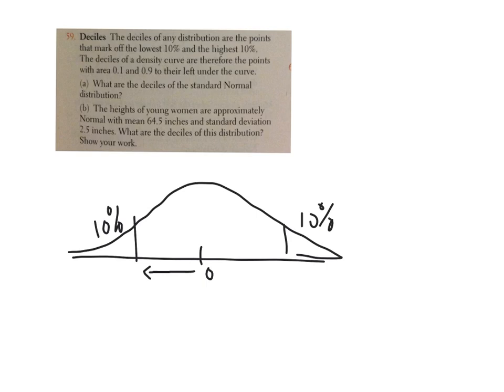So for this one, I would just do inverse norm of 0.10. Let me see if I get this right. Yes. So we have to go down, so it's kind of like the z-score. What is our z-score to get to that 10% area?